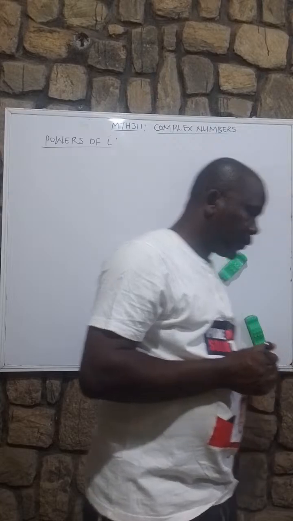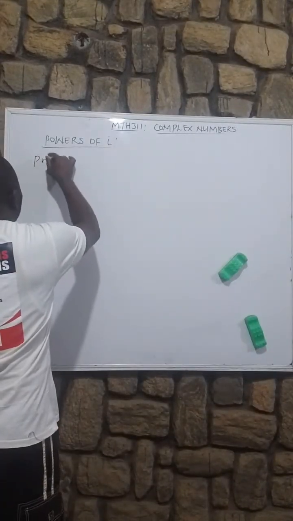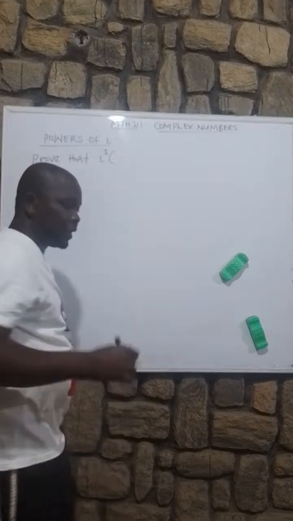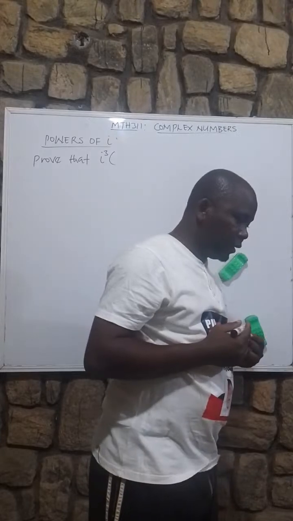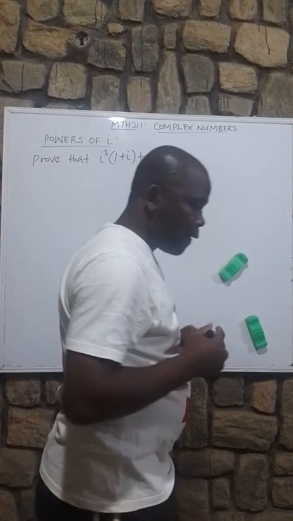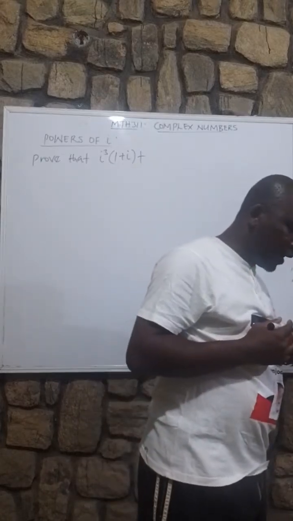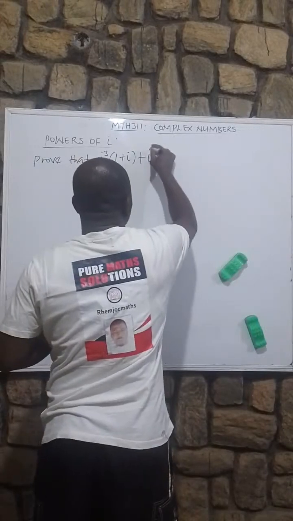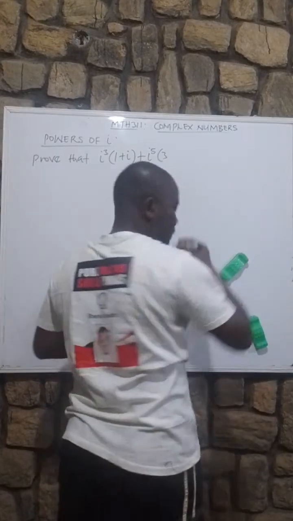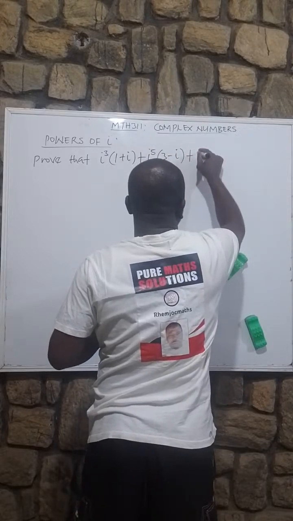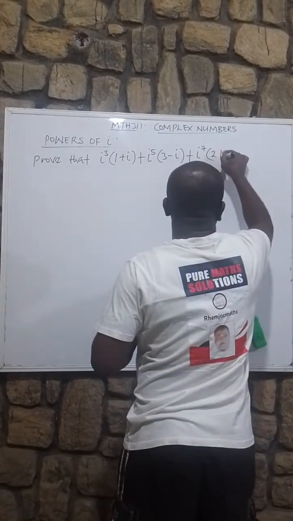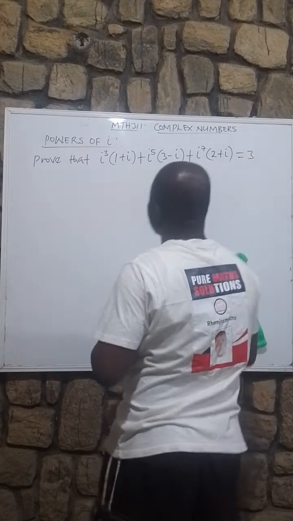Prove that i raised to the power of 3, times (1 plus i), plus i raised to the power of 5, times (2 plus i), equals 3.